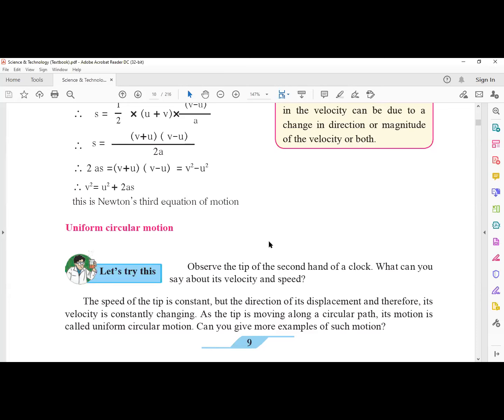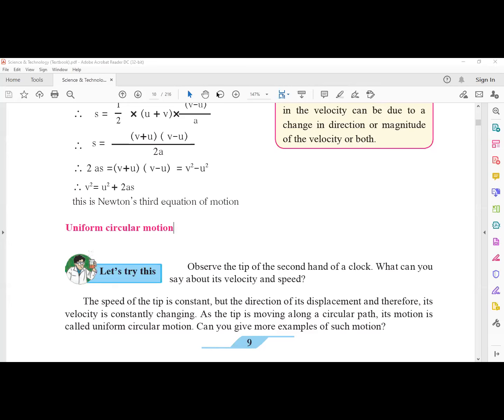And as we have studied earlier, this change in direction and change in speed causes the change in velocity of an object. We already have studied about that, right? So ultimately, change in direction of the clock hand will also affect the velocity.